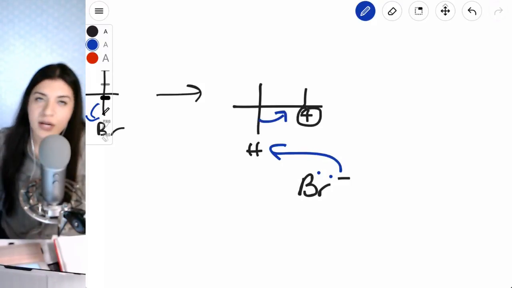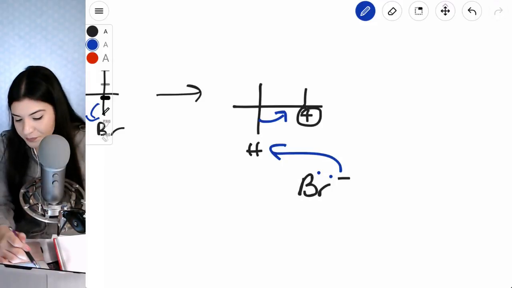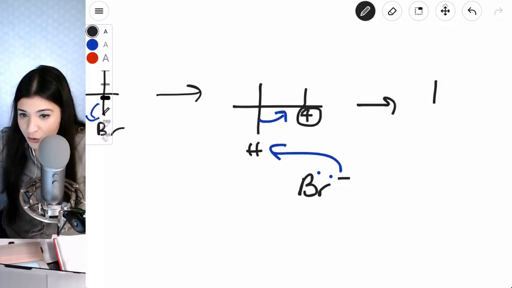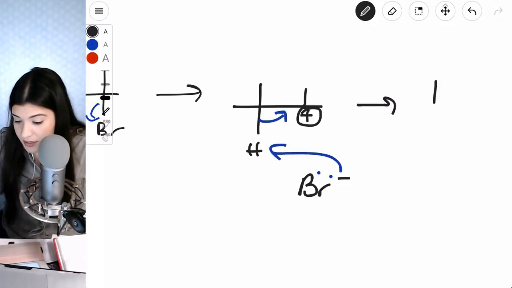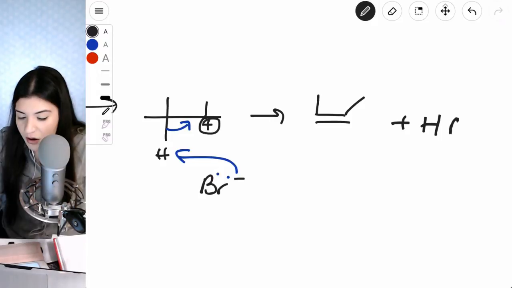This bond is then donated to make this a neutral compound, and then this is going to donate its electrons, and now we just formed a double bond. So this is what we would have created, and our byproduct is just that HBr.